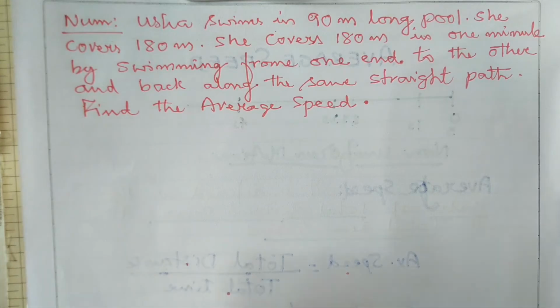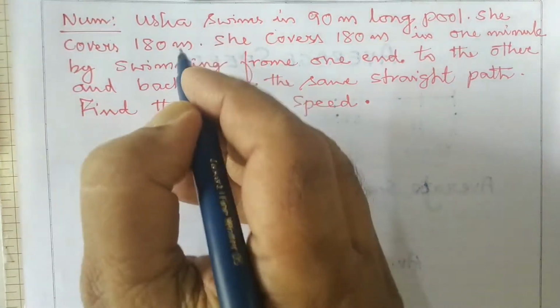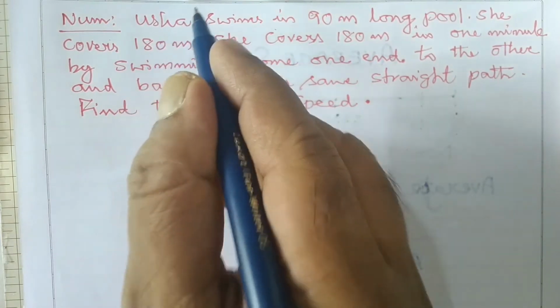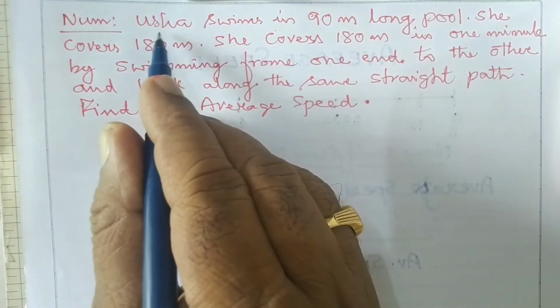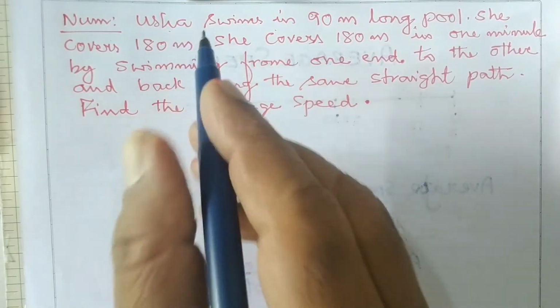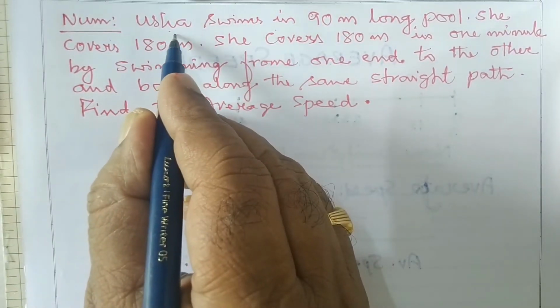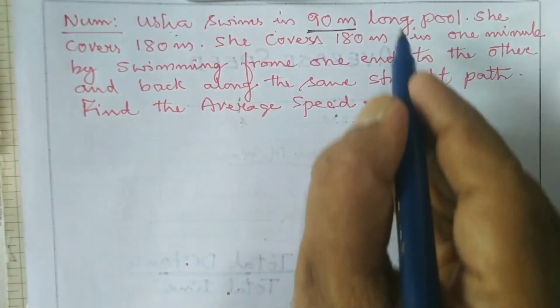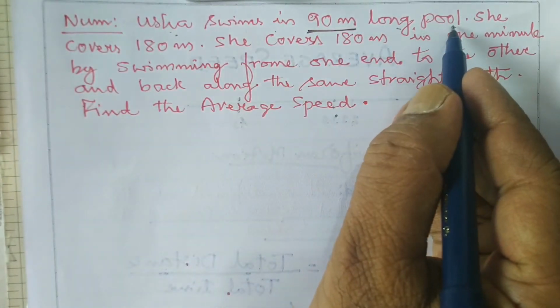Dear students, for your reference, I have written the problem and kept it ready here for you. Just go through this. I will read. Usha swims in a 90-meter long swimming pool.